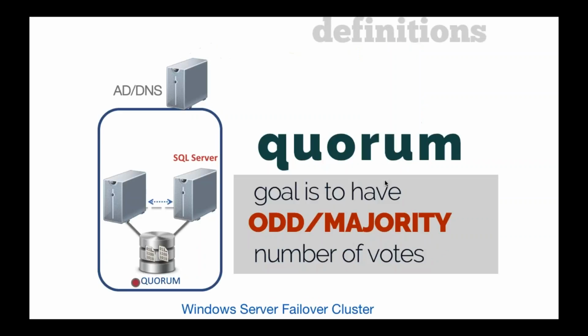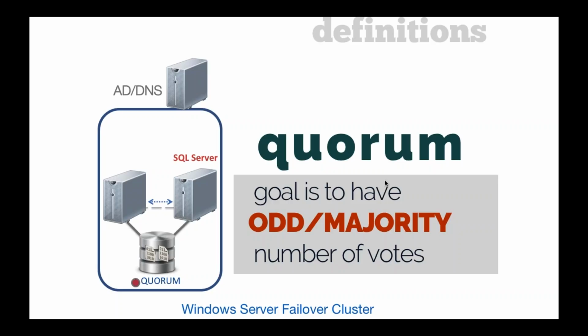Looking at the diagram, we'll use the traditional two-node Windows Server Failover cluster, running SQL Server Failover clustered instance in this case. If the goal is to have an odd number of votes or majority of votes, and if every node contributes a vote, just by looking at this diagram, we could easily see that I only have 2 votes.